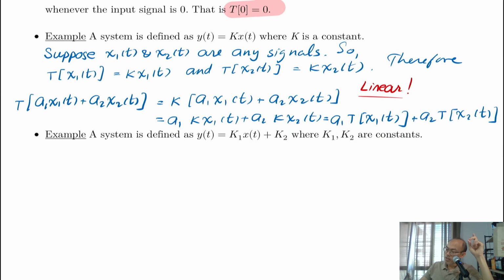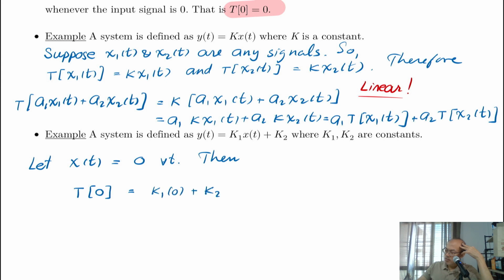Now, let the input to the system be 0 everywhere for all t. Then the output to 0, according to the definition of the system from the problem, would have to be k1 times 0 plus k2, right? And that would be k2.